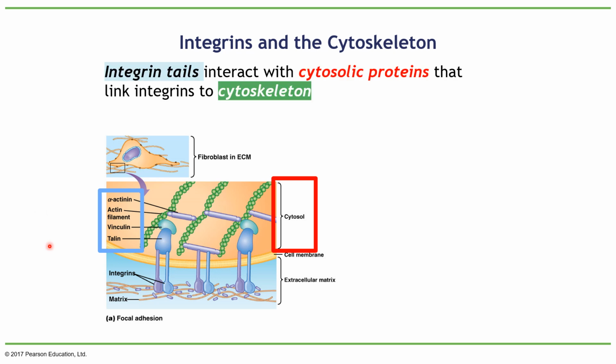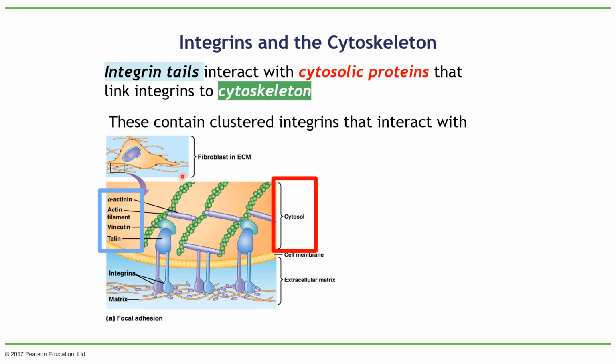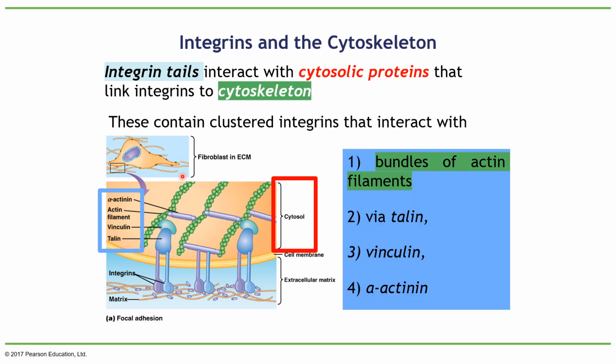The integrin tails interact with the cytosolic proteins that will attach to the cytoskeleton. Some examples are talin that you can see here, vinculin, and here you see alpha-actinin, and they will attach to the actin filaments that you see here and here in green.